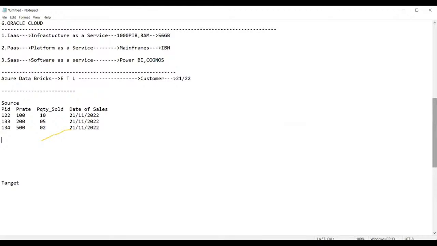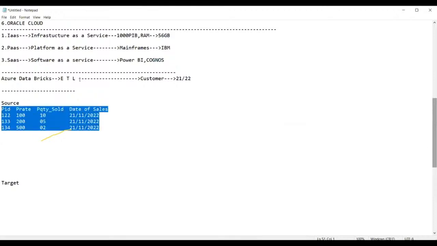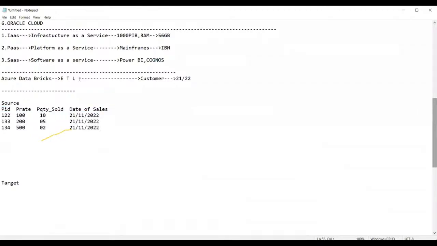But now instead of this, I will make the rate 200, here I'll make the rate 300, and here the rate 1000. Product quantity sold stays as it is, but I'm changing the date to 22.